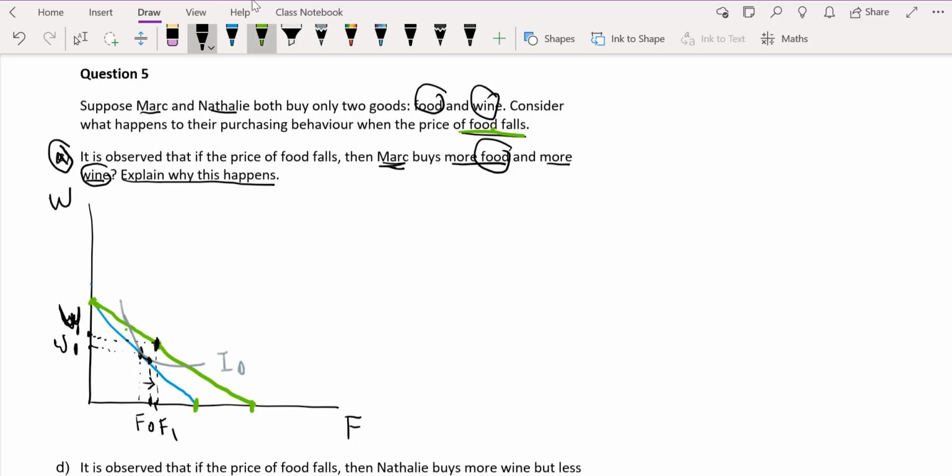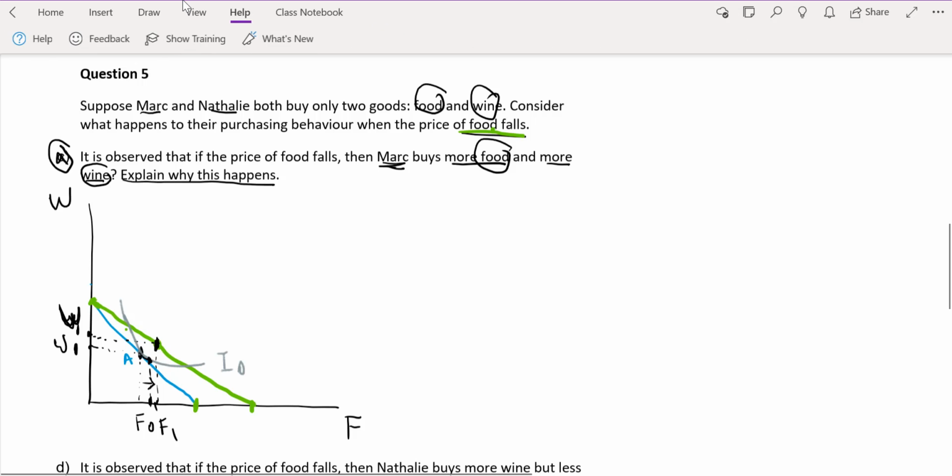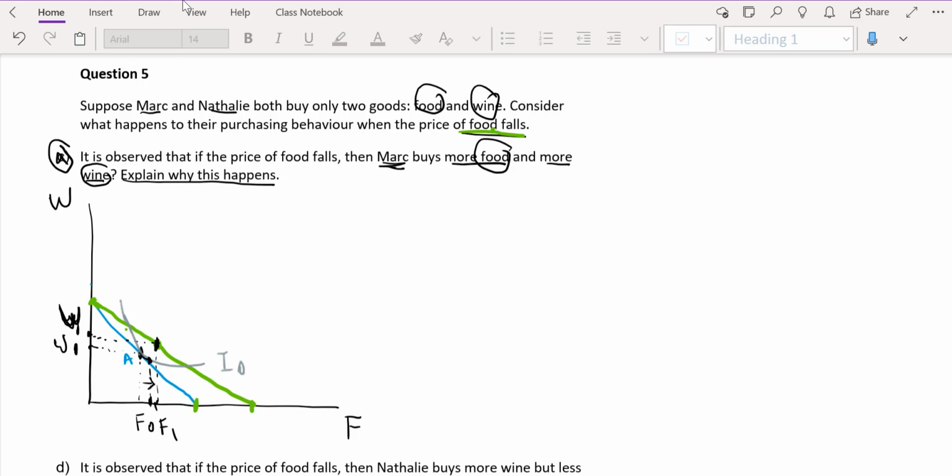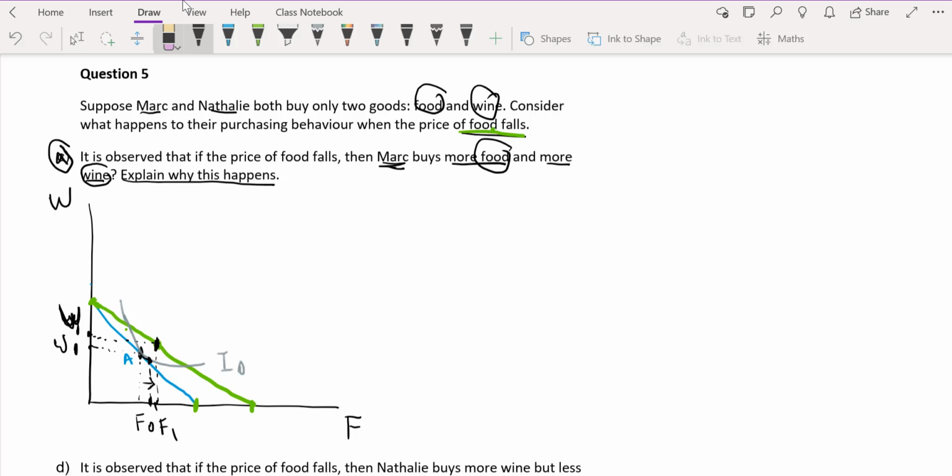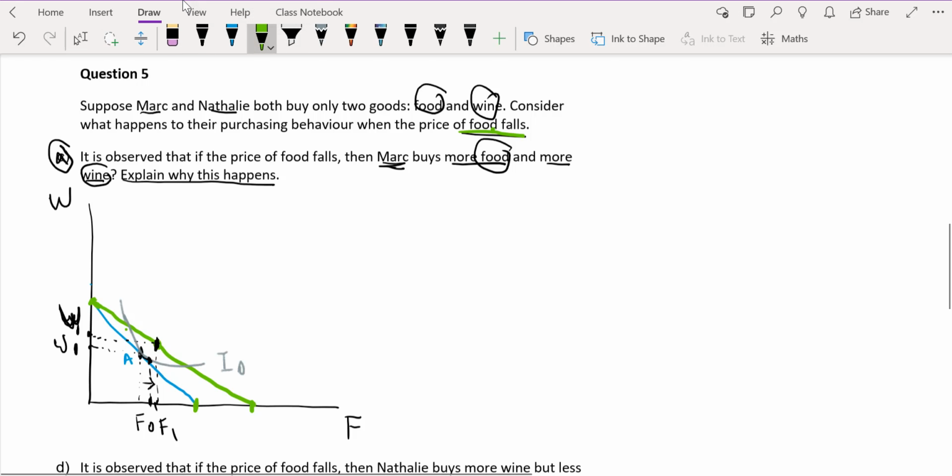Let me just name them. This is original point A, and this is the next point B. Let's call this C here, so that we have intermediate points. Let's say Mark moves to this point as a substitution effect, holding utility.